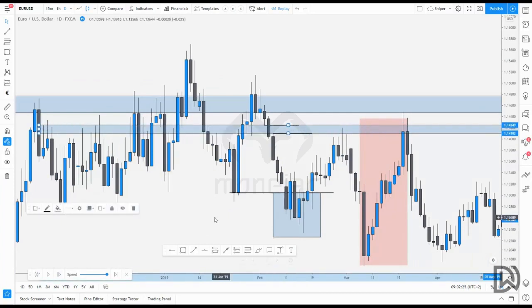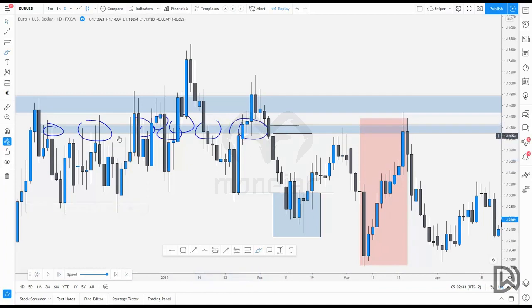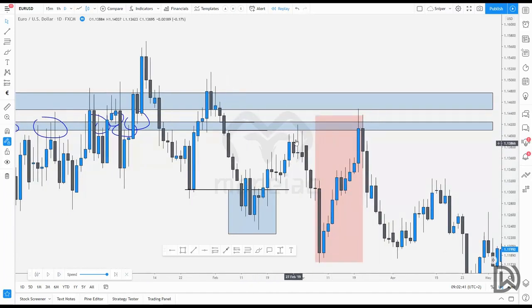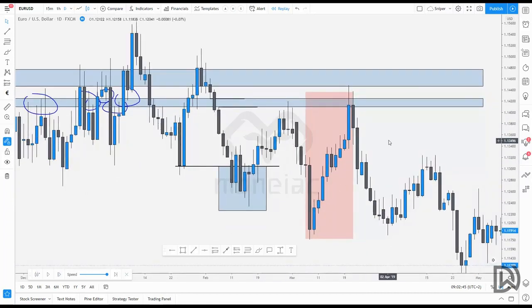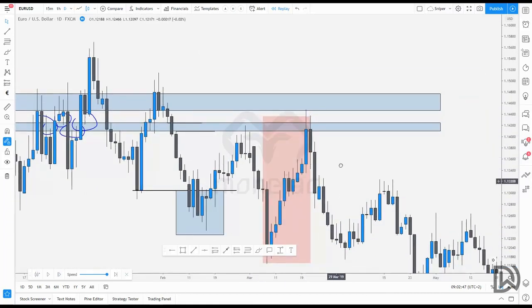As you can see, we have wicks from the bottom, top, bottom, top, bottom, top. Perfect wick zone overlaying with an imbalance level, and that is then where price is drawn to. We come back into this level, respect it, push to the downside, into this level, respect it, and push to the downside.